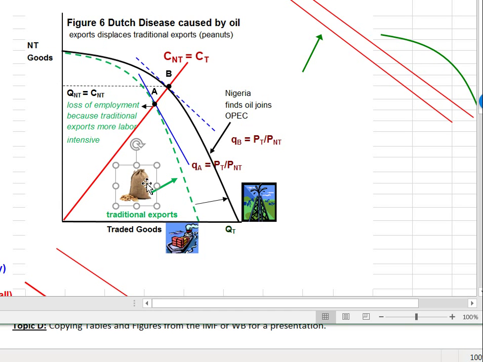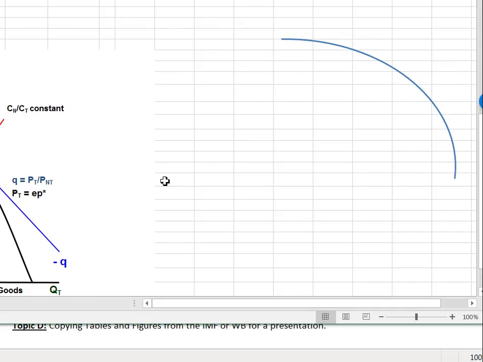And here you have the traditional exports, which are peanuts, and then you discover oil, and that causes a real exchange rate appreciation naturally. I mean, it should. And that hurts the peanut farmers and winds up creating adjustment problems, which we call the Dutch disease. And here is some more.